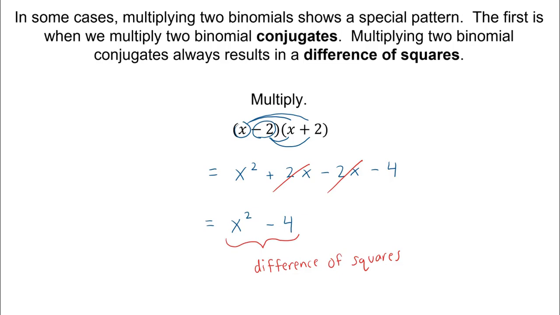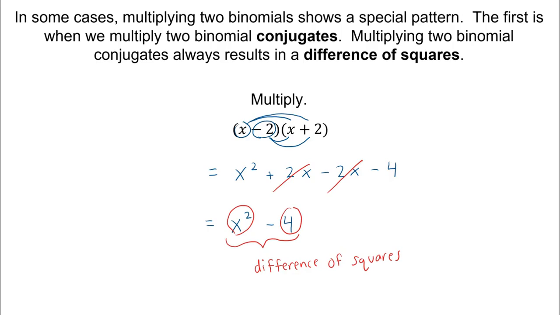And the reason we call it that is because obviously this expression is a difference because we're subtracting two terms. And that difference is a difference of two perfect squares. X squared is a perfect square because it is x times x. And 4 is a perfect square because it is 2 times 2. So this resulting expression is what we call a difference of squares.